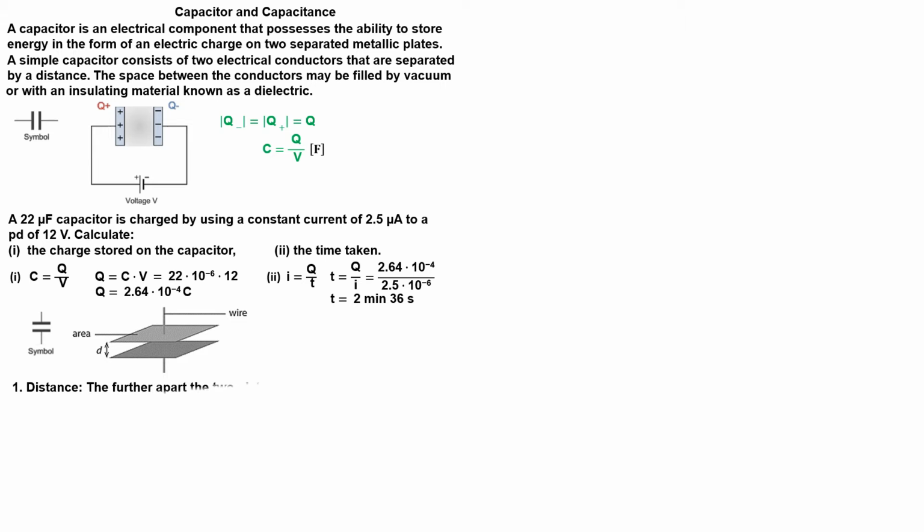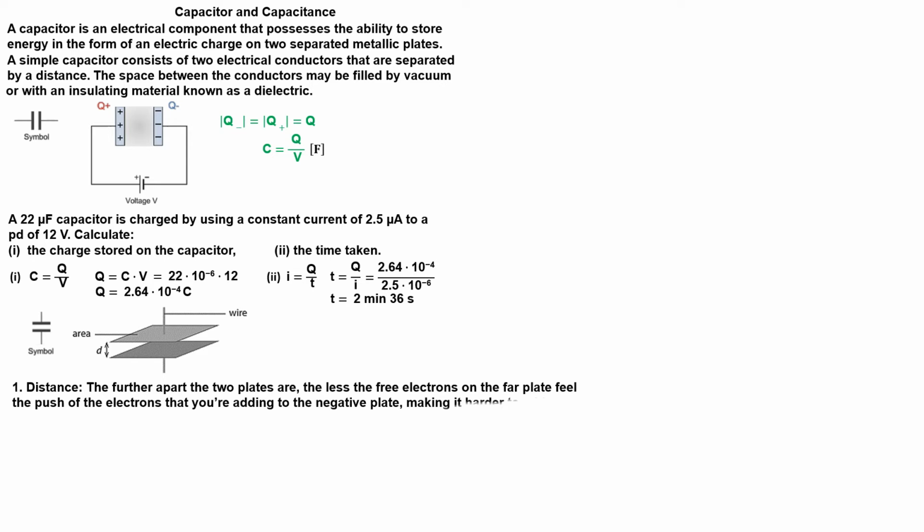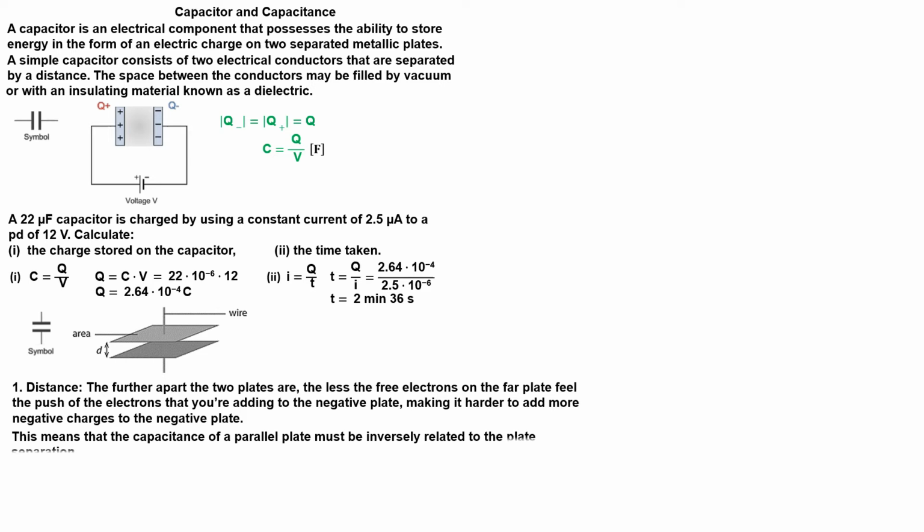The further apart the two plates are, the less the free electrons on the far plate feel the push of the electrons that you are adding to the negative plate, making it harder to add more negative charge to the negative plate. This means that the capacitance of a parallel plate capacitor must be inversely related to the plate separation. Mathematically, it's given as follows.